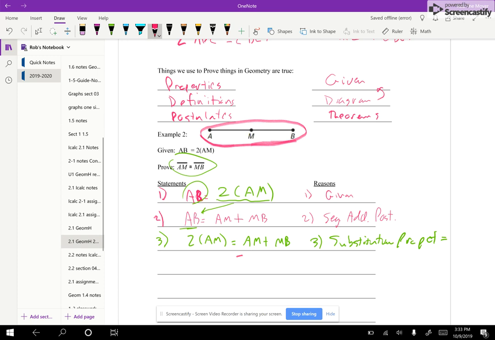We're going to subtract AM on both sides. This is 1 times AM, right? We're subtracting AM on both sides. So this is 1 AM, 1 AM. And we get, this is from the subtraction property of equality. And we get 1 AM on the left equals MB on the right.